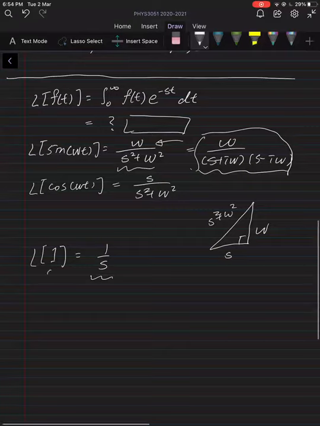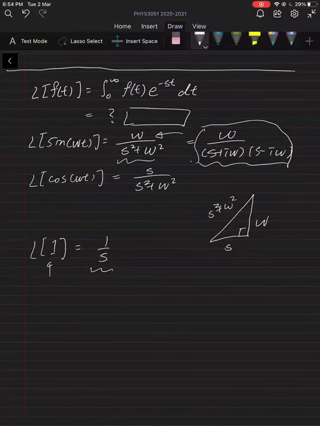So here you don't have sine and cosine, you just have 1. I have not figured out the 1 yet, but I was thinking about the 90-degree triangle.